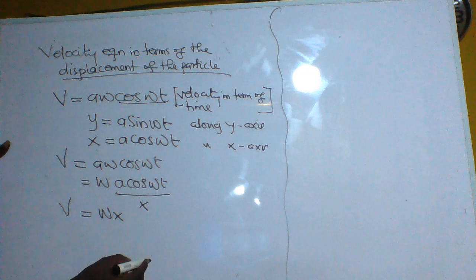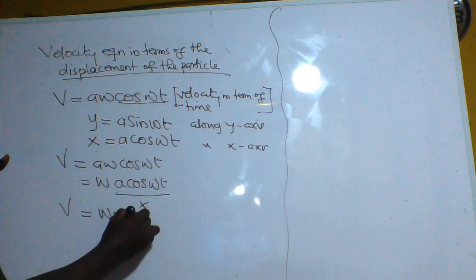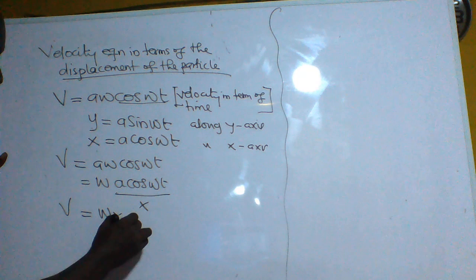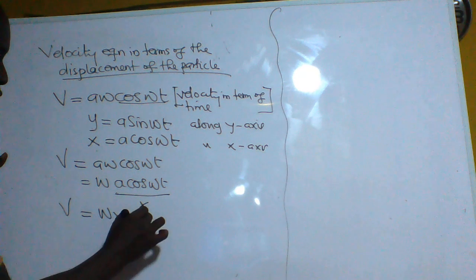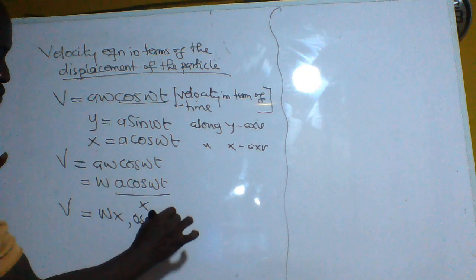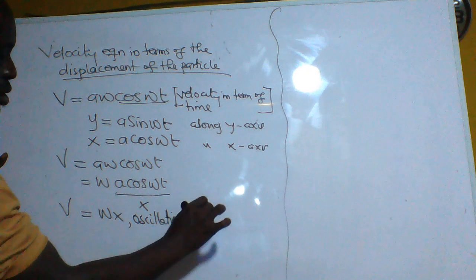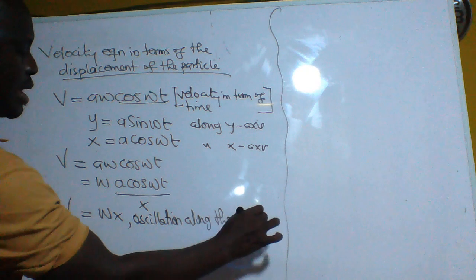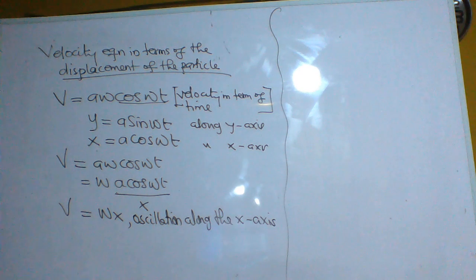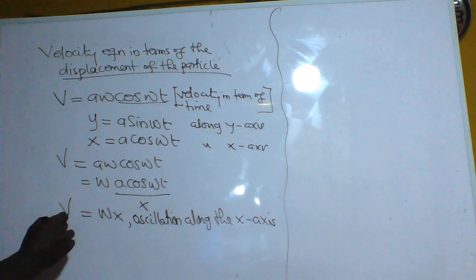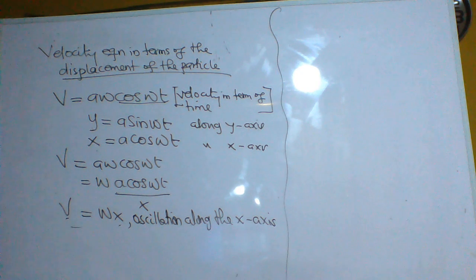This is when we are looking at oscillation along the x-axis. So this is the velocity of the particle in terms of displacement along the x-axis. Now along the y-axis, what can we do?